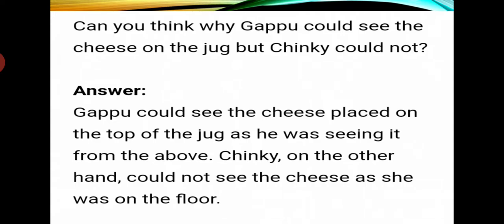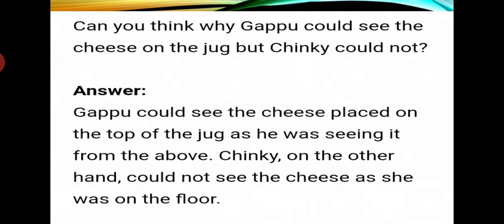So small Chinky, she can't see the cheese placed on the top of the jug. But Gappu is viewing the picture from above, so he could see. Gappu was looking from above, so he can see the cheese placed on the top of the jug. But Chinky was looking from below, from the side, very small in size, so she can't see the things.